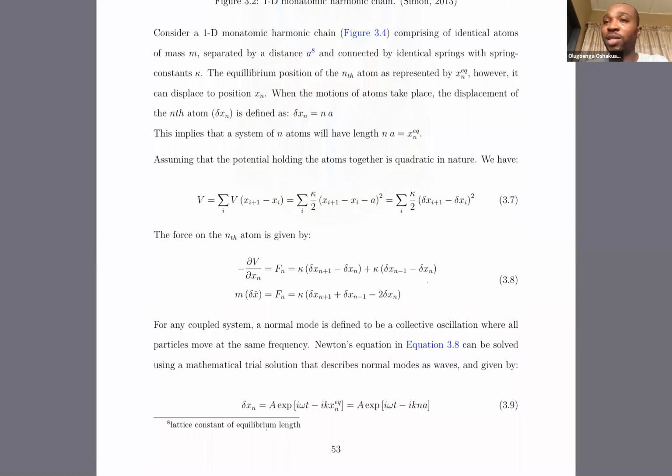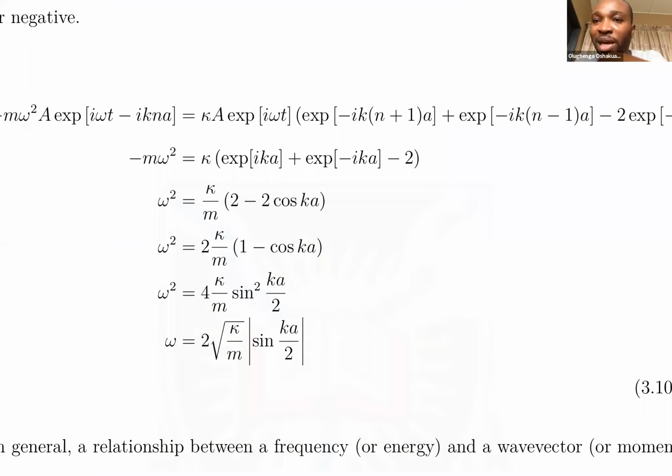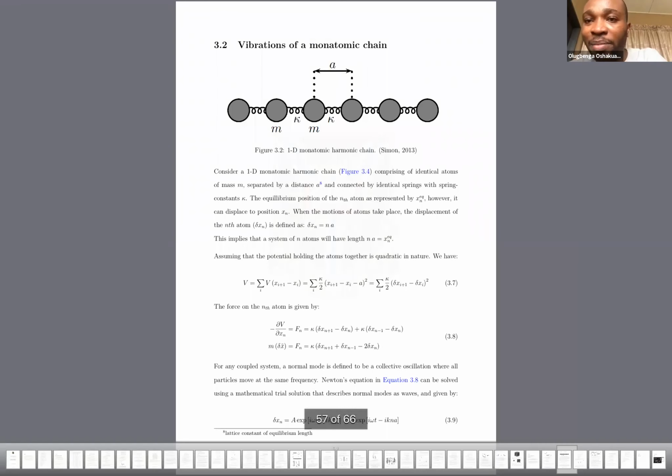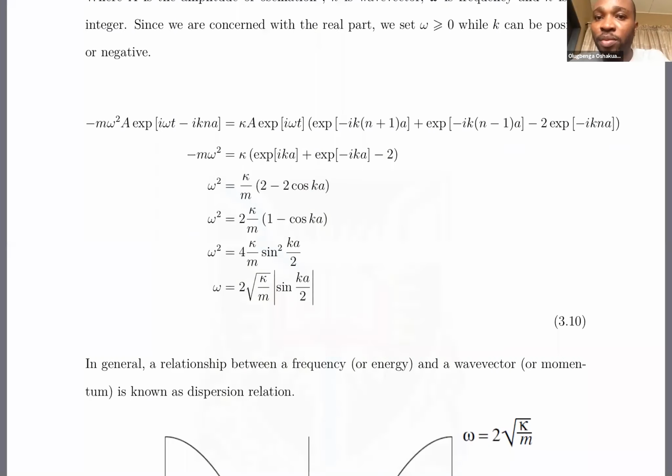So when we do that, before we had something like MA equal to F equal to kappa E. Yes, let me use E for extension.